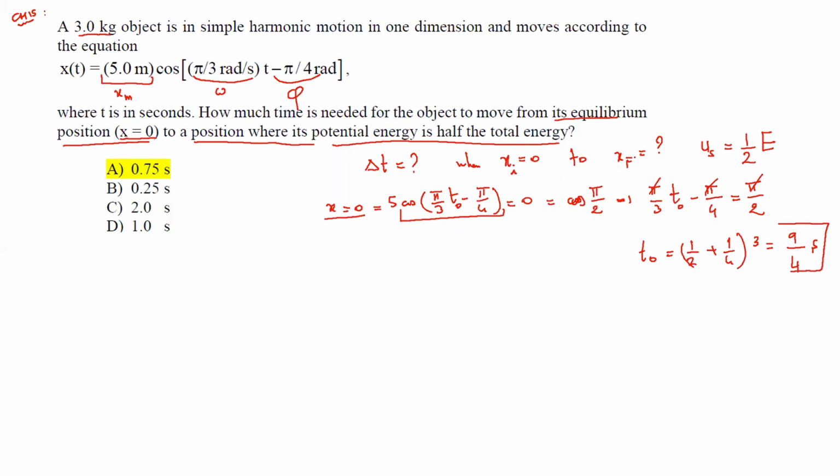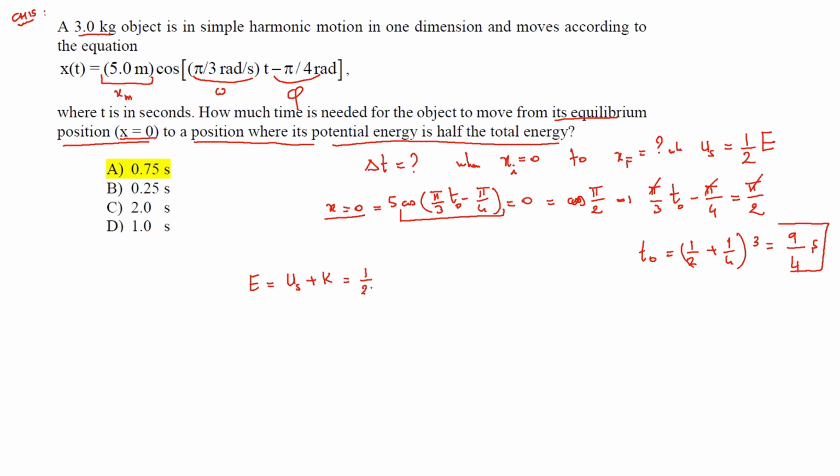Now, what is the time when I've passed by x_f? And x_f is when I have U_S is half total mechanical energy. You know that the mechanical energy is equal to the spring potential energy plus the kinetic energy. And by the way, it's a constant.